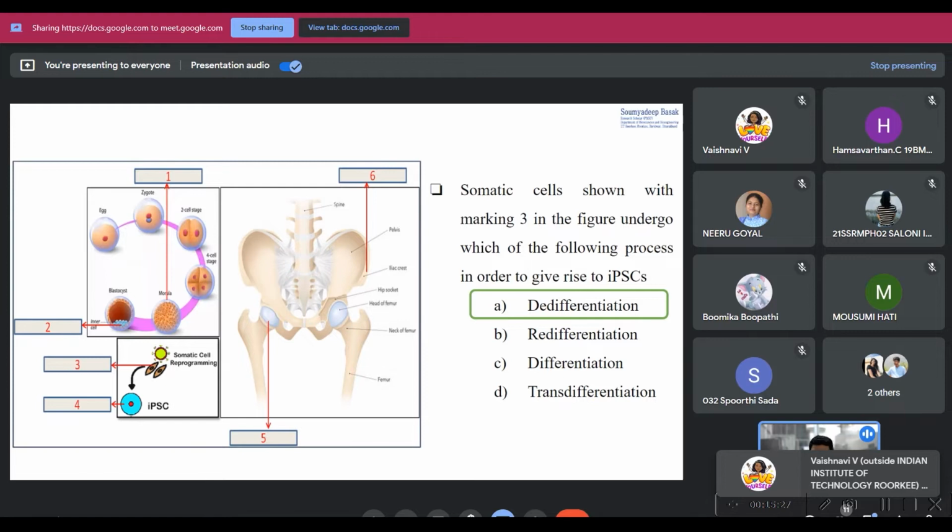Differentiation is the phenomenon where the cell attains its final fate, its functional state, where it will perform the particular function of the tissue where it is.